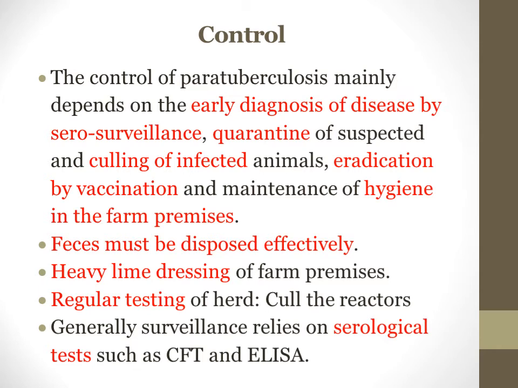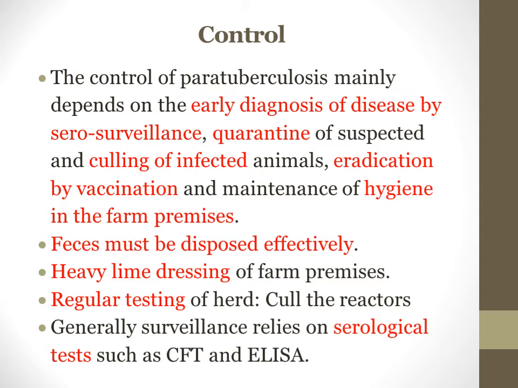Quarantine of the suspected animals and culling of the infected animals as per the local legislation. Eradication can be achieved by regular vaccination and maintenance of hygiene in the farm. We know that the organisms are excreted in feces, so we have to take care of the feces.